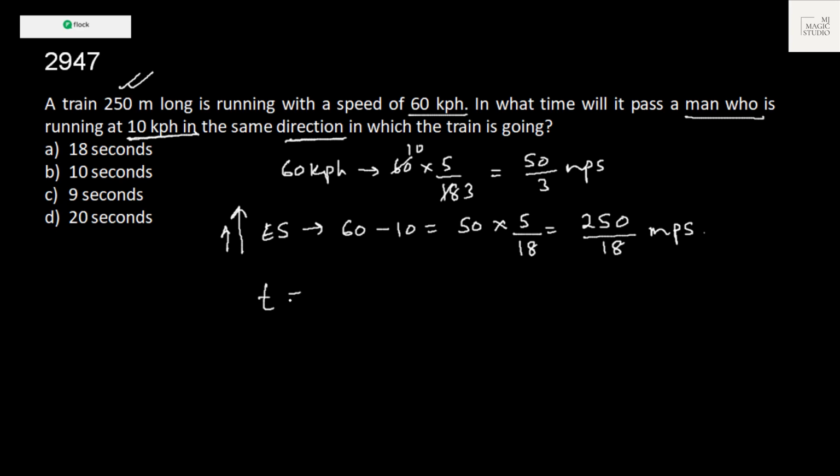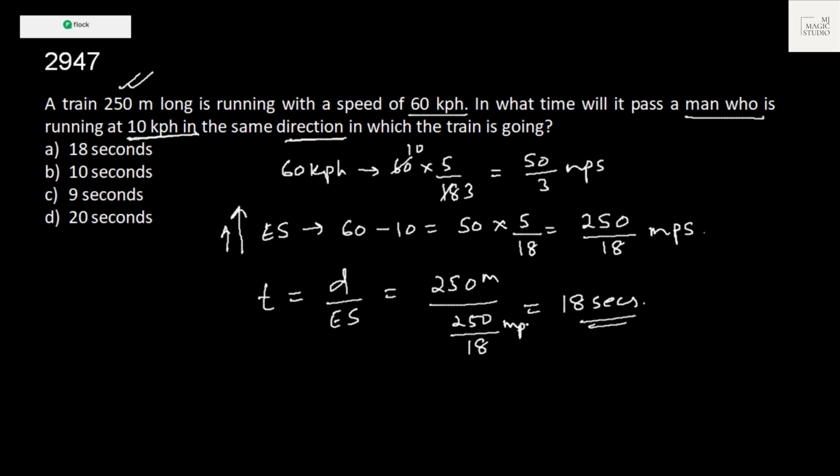So time taken would be distance by effective speed. 250 divided by 250/18 would be 18 seconds. This is meter per second, and the final answer would be in seconds. So the train will take 18 seconds, option A, to pass a man who is running at a speed of 10 kph in the same direction.